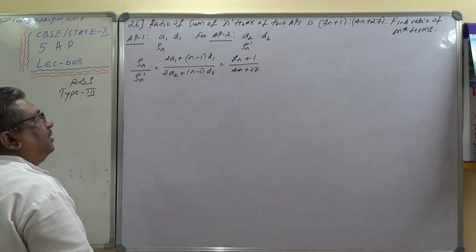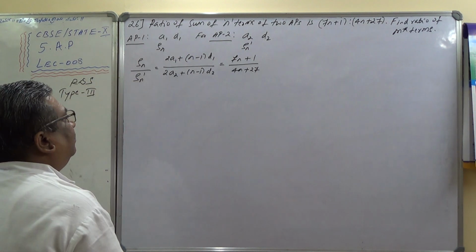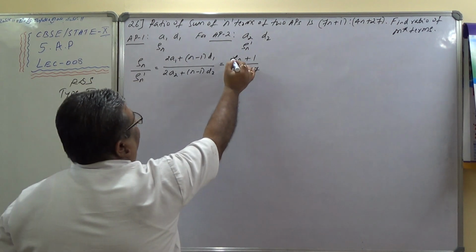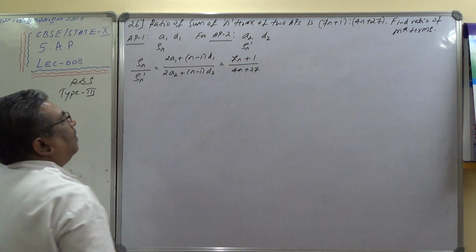This is given to you. The ratio of these two sums is given. Okay, this is 7n.